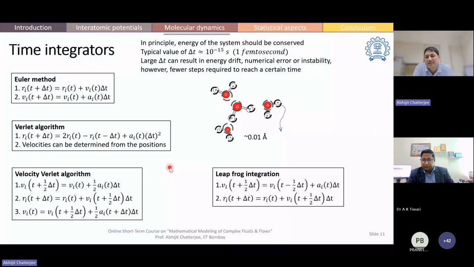So based on such comparisons, you would conclude that velocity Verlet is a technique to be used. But that being said, you can use any of these other techniques also, provided you choose an appropriate delta t. But velocity Verlet, a lot of the packages by default use this algorithm because of the stability aspects and the error aspects.